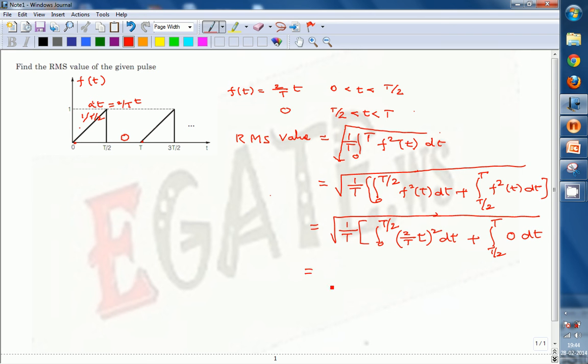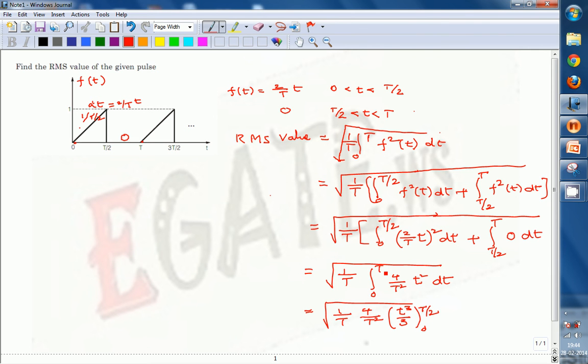And by simplifying this one, this is 1 by T integral 0 to T by 2, this becomes 4 by T square into small t square dt, and finally this is 1 by T, 4 by T square taken out of the integration, and taking the integration for t square, this is t cube by 3 over the limits 0 to T by 2, and here it is T by 2 now.